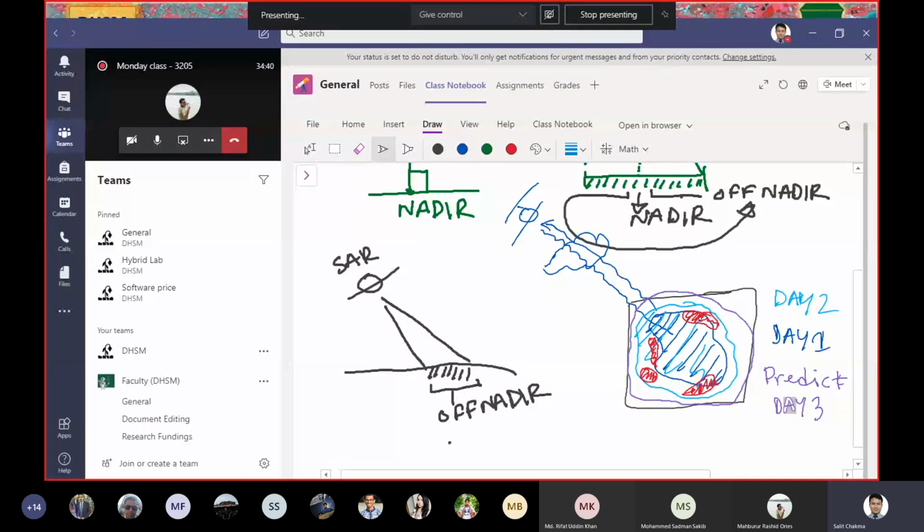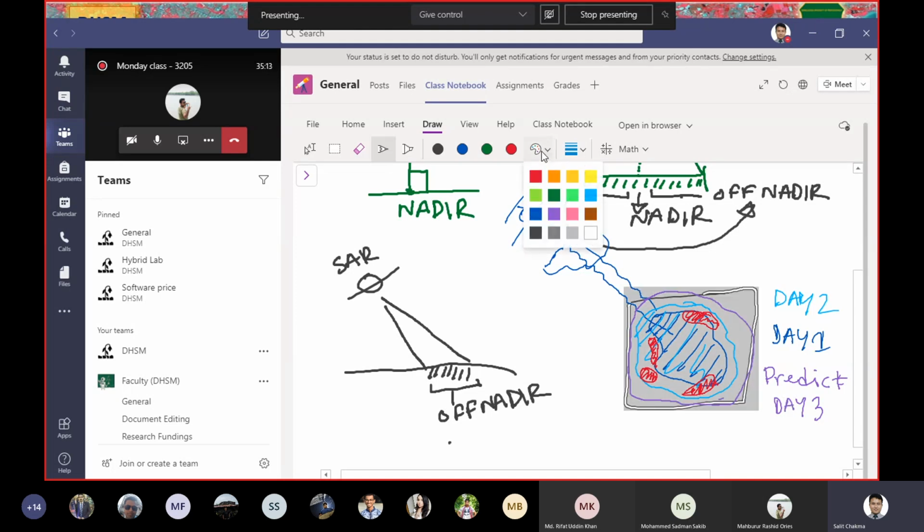Based on the trend, you develop some calculation. You find the regression of it. You can use regression modeling, or you can use Markov chain modeling, which involves some mathematical calculations. After doing these calculations, you can find out the extent of day 3, and your model says that the flood will be in this region.